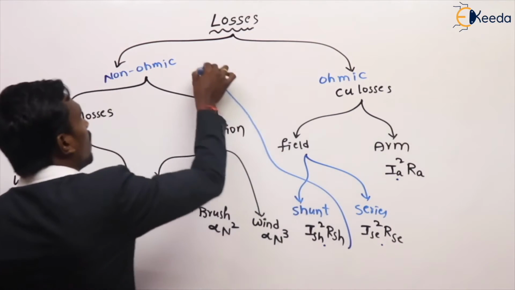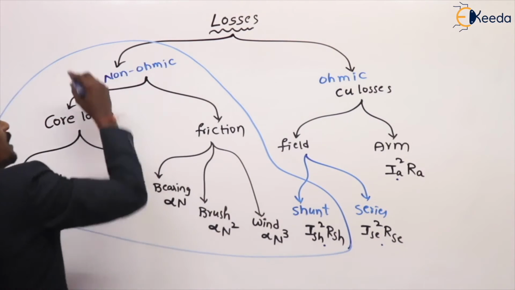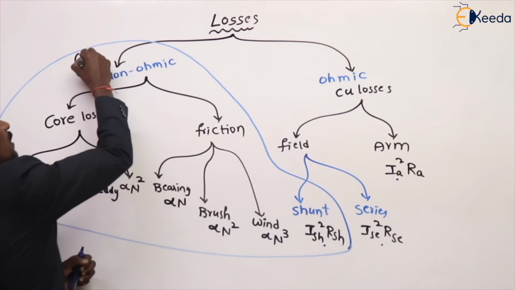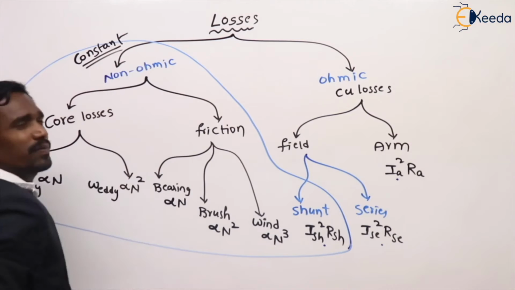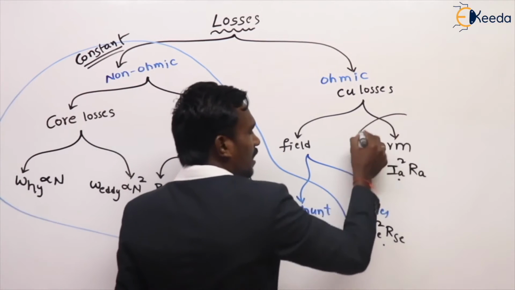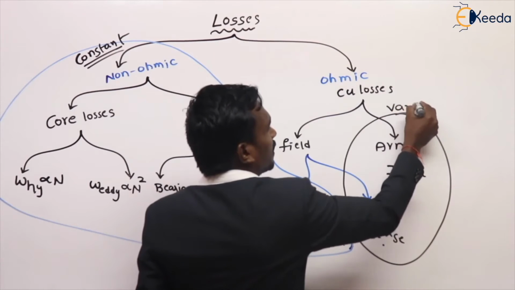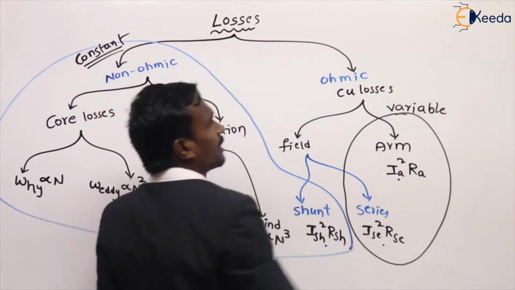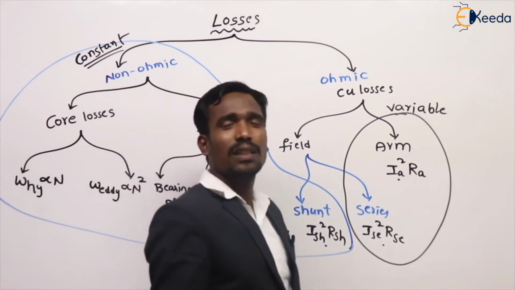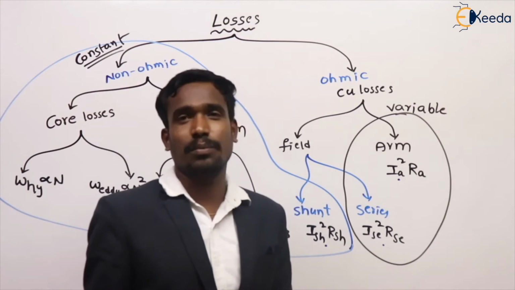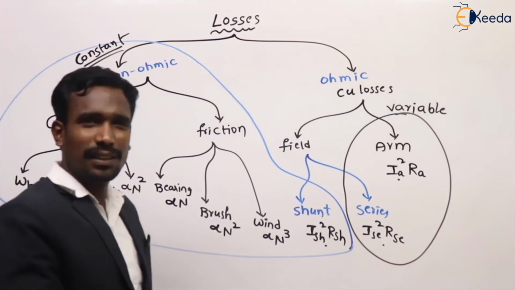So these are all called constant losses, and these are called variable losses. This is simply the way of explaining losses in DC machine: variable losses and constant losses separately.